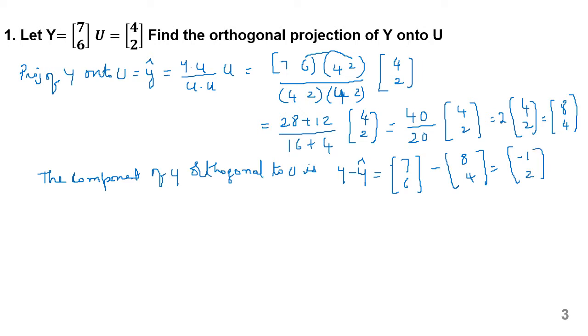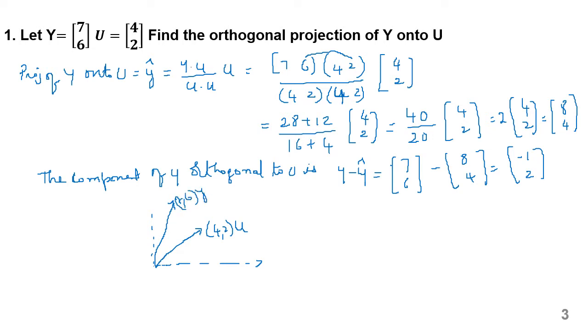So graphically we can represent it as something like this: if you have the x-axis and y-axis, the u value is like this, which is given as (4, 2). This is u, and y, which is (7, 6). So this will be y.